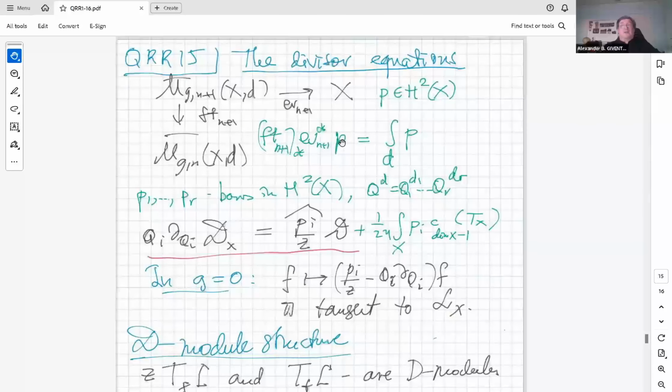Then, cohomologically, it will be a constant, which is just the integral of the degree 2 class over our curve. So it is the degree of our curves with respect to that class. And because we know the answer, it puts some additional constraints on generating functions. And that's what divisor equations are. But we'll discuss it next time.